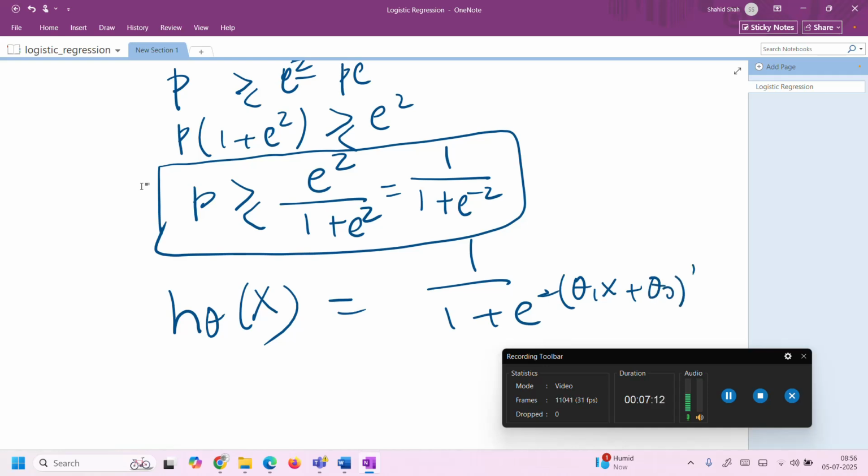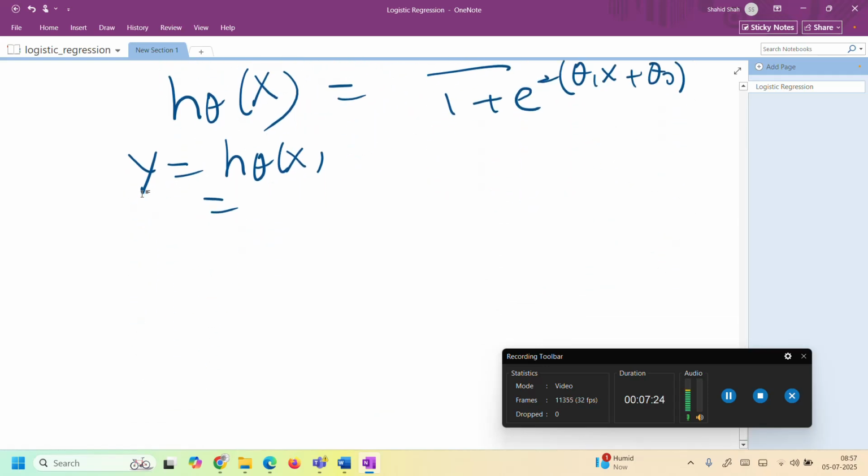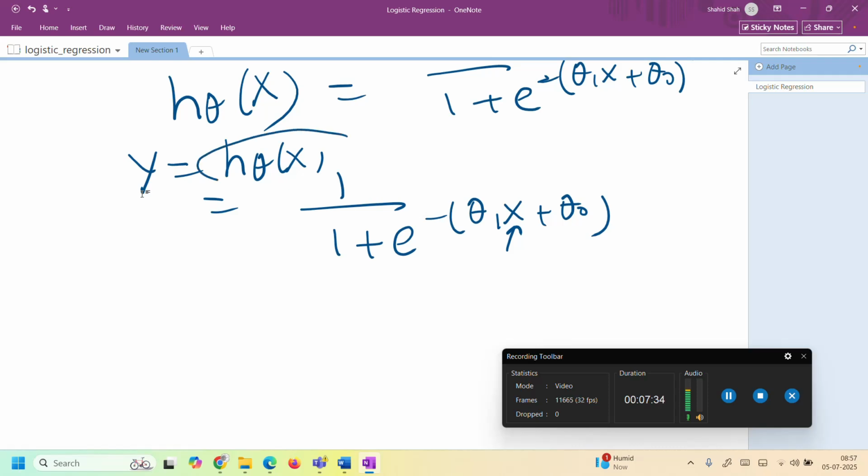Okay, this is important. And now if you equate y to h theta of x, it is equal to 1 divided by 1 plus e to the power minus (theta 1 x plus theta 0). Now whatever be the value of x, whatever be the CGPA, this value of h theta of x will always be between 0 and 1.